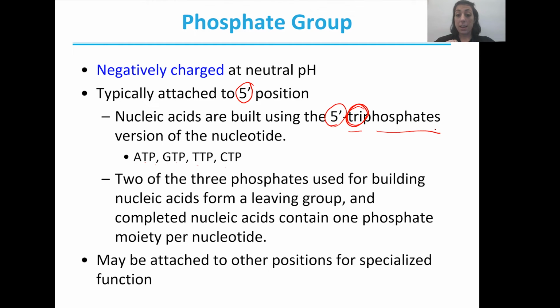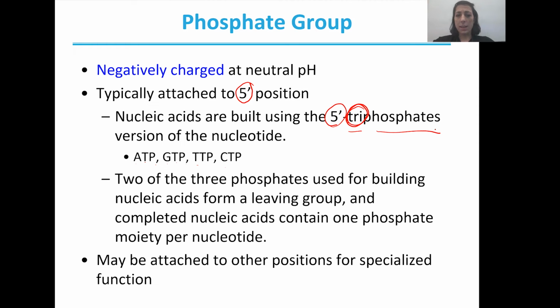But those 2 phosphates are utilized just as energy for building, and they actually leave. They form a leaving group and detach, leaving just that one phosphate that was shown previously as the phosphate that is still there on the nucleotide moiety when we build our nucleic acids.